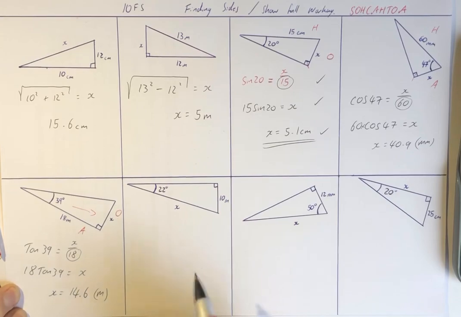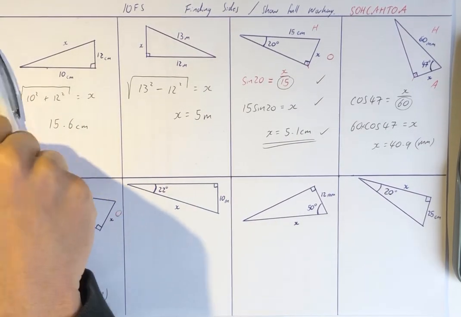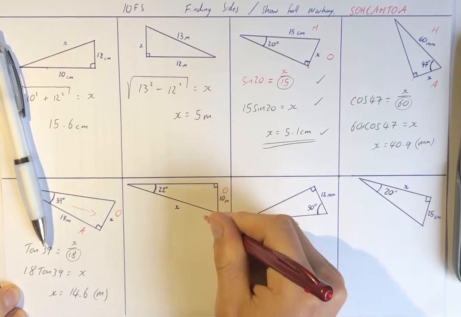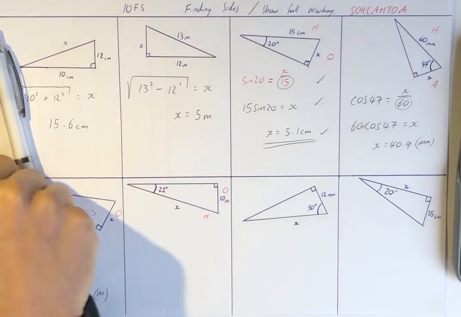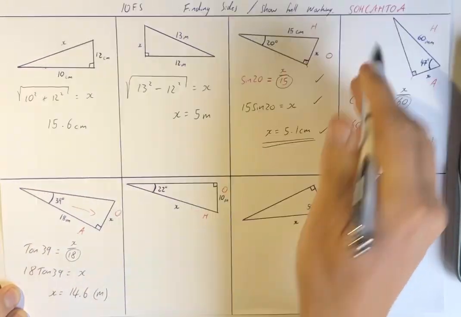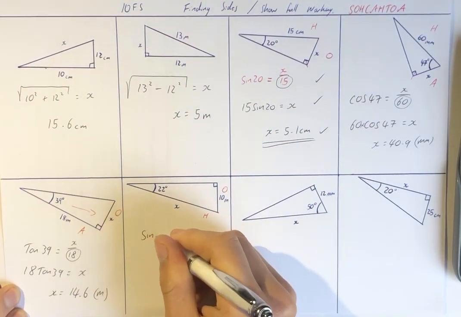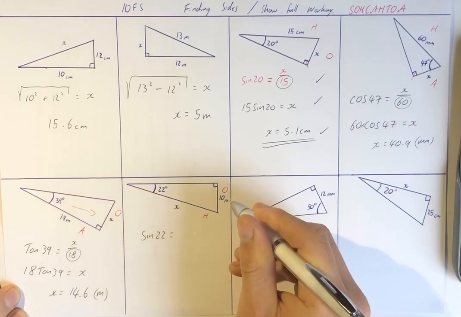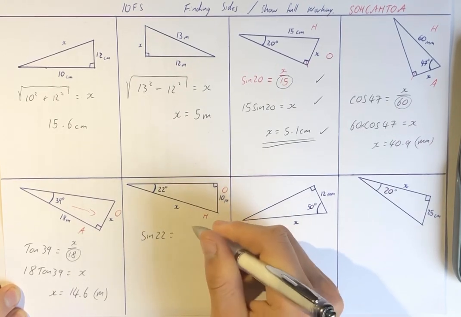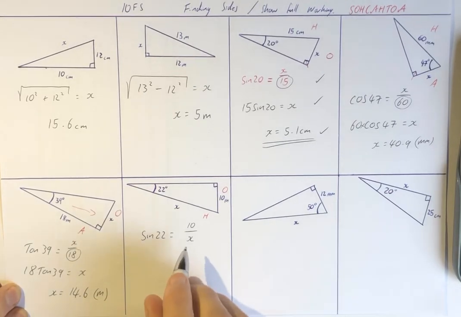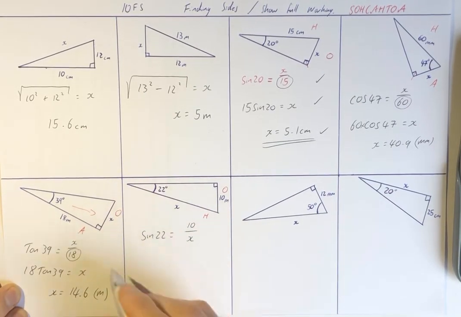All right, first thing we do with this triangle is we label. That's opposite and hypotenuse, and then we plug into our formula. So opposite and hypotenuse is sine. So sine 22 is opposite over hypotenuse. Okay, and now we don't have the denominator, so we can't times through.